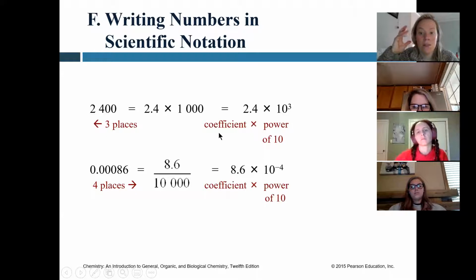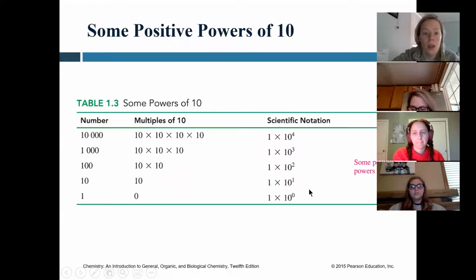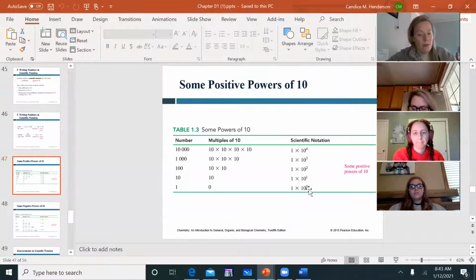I just think of it conceptually as, is it a big number or is it a small number? This here is a big number, so I should have a positive exponent. Over here, this is a small number, so I should end up with a negative exponent. How big or small is that? It depends on how many hops you need to take to get that coefficient. So let's do a couple of these.